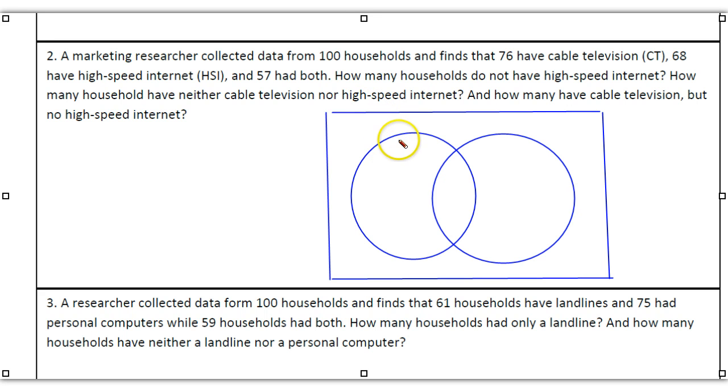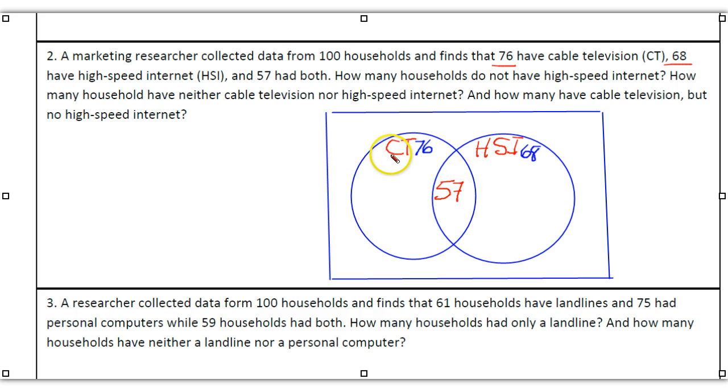So this would be cable TV, and this would be high-speed internet, and we want to start filling in. So taking it piece by piece, we have 76 had cable TV, 68 had high-speed internet, and 57 had both.